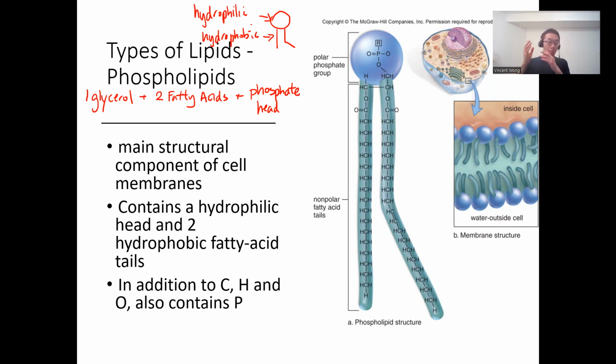A molecule like this that has 2 different properties is very useful for various things. For example, when you wash your dishes, if it's greasy, you can't just wash it with water, right? It's not going to clean the grease off, so you need to add detergent. Detergent is a molecule that is similar to a phospholipid.